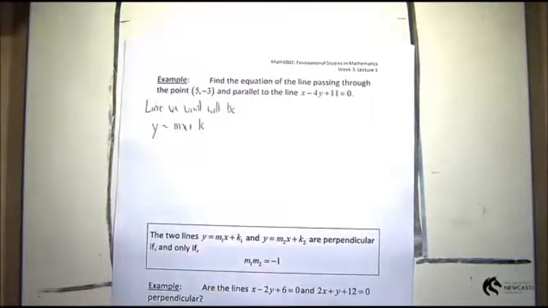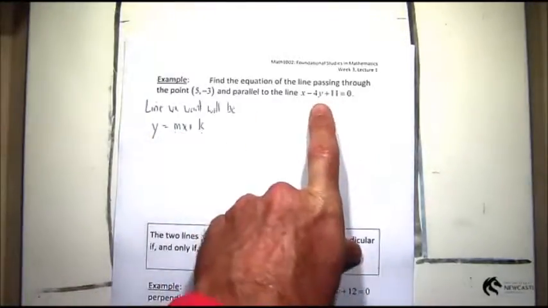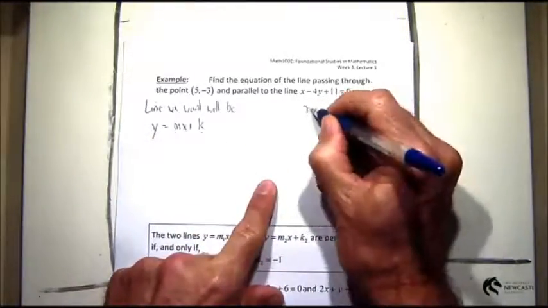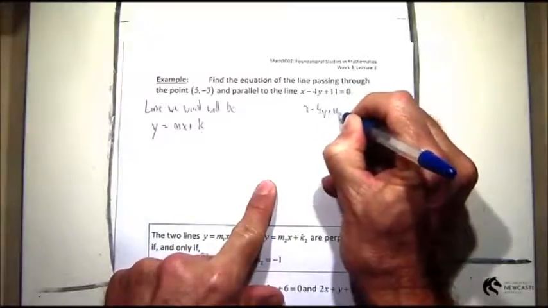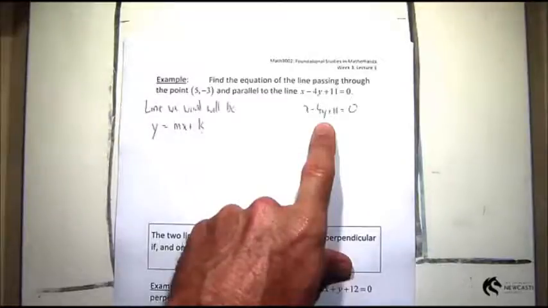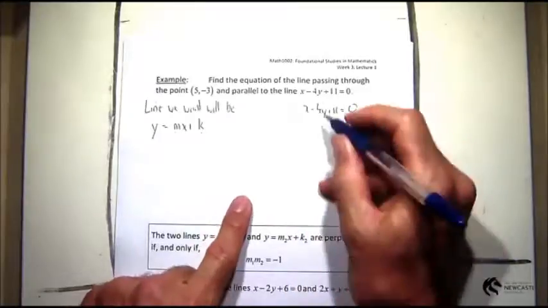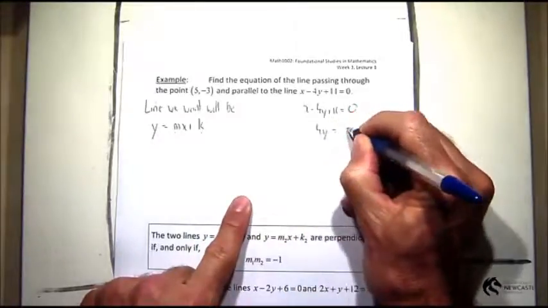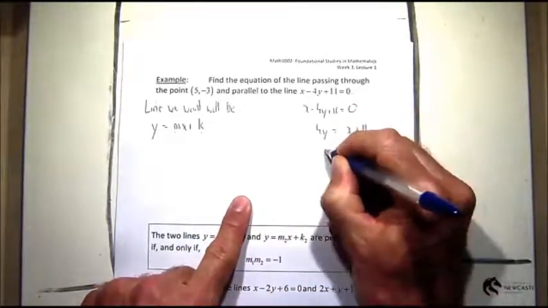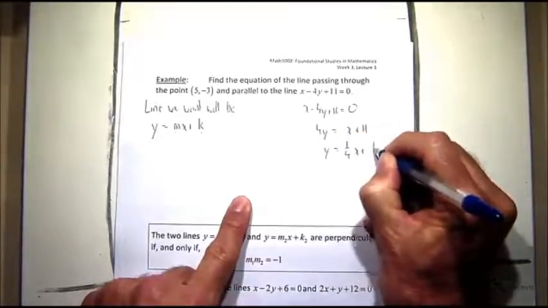Now, over here, I know that this line is parallel to x minus 4y plus 11 equal to 0. So it's going to have the same slope as this one. So the m will be given if I can rewrite this in gradient intercept form. So let me write that as 4y is equal to x plus 11. So y is equal to 1/4 x plus 11 on 4.